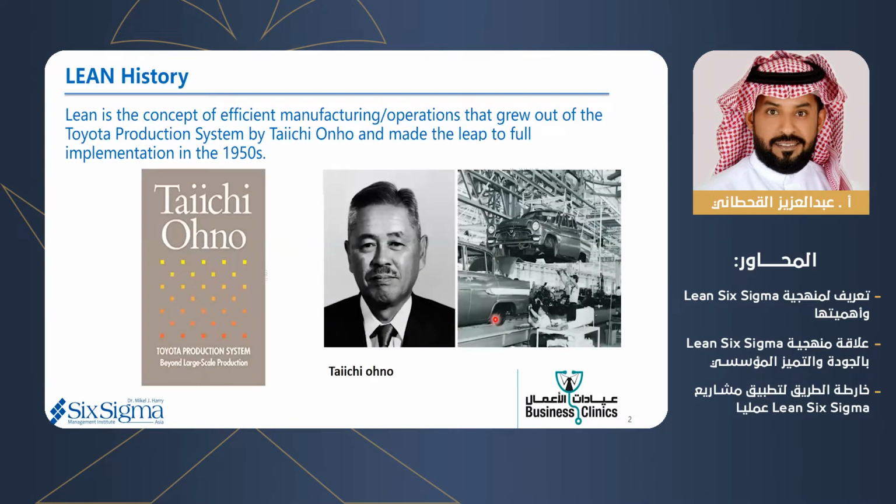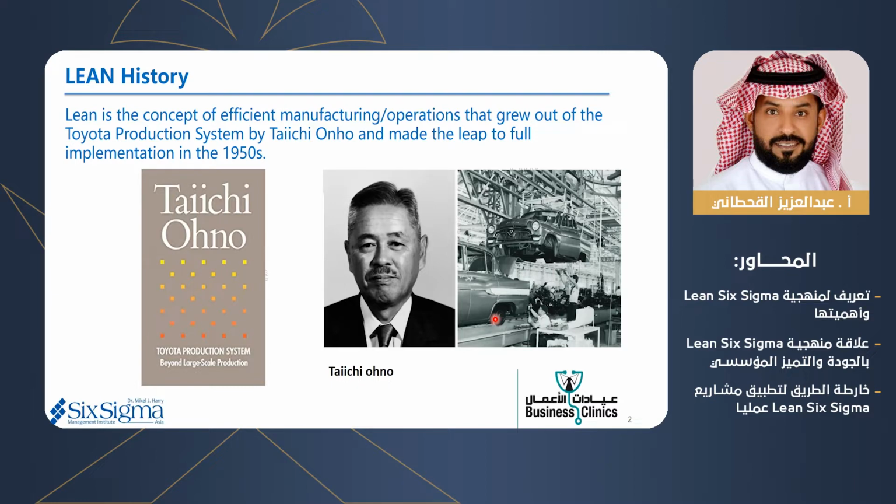So, starting from Lean history and where it started. In fact, Lean is considered a concept of efficient manufacturing, which was born in the Toyota Production System back in the 1930s by Taiichi Ohno.